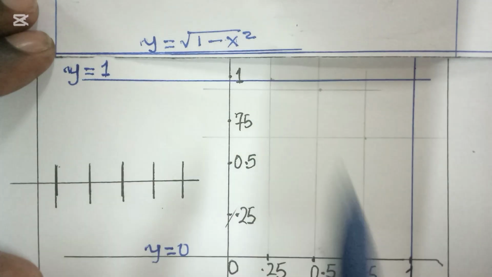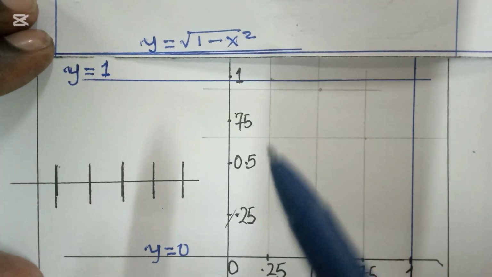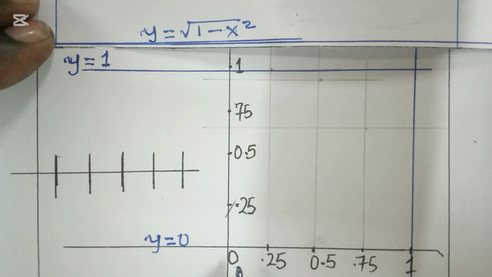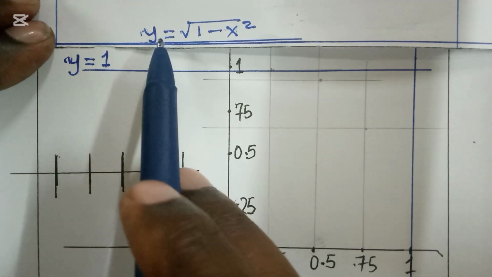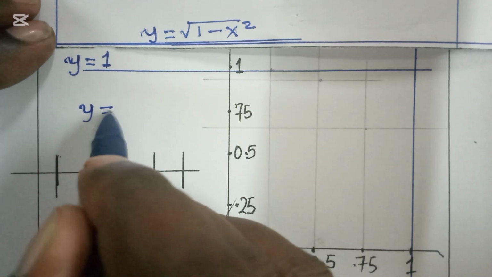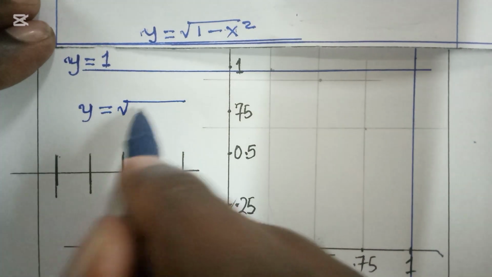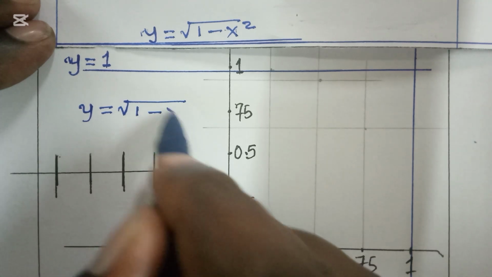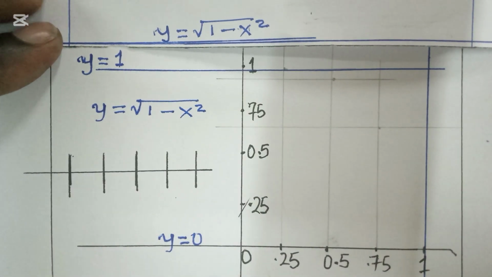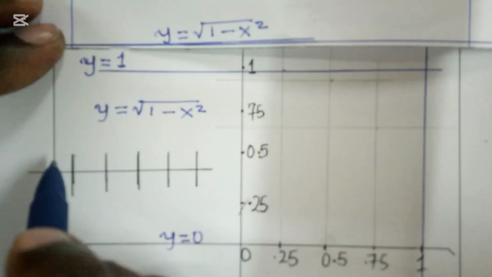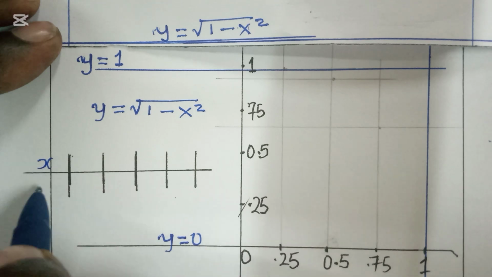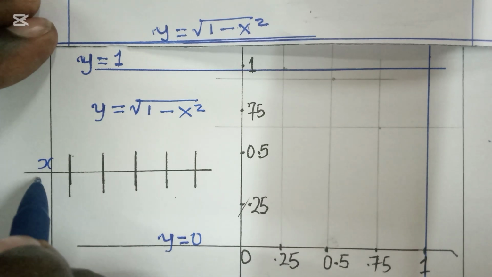And for us guys now to be able to establish other values, we'll go back now to 0 and use this equation. So if I can write this equation here, y equals to square root of 1 minus x squared. Here we have x, here we have now y.